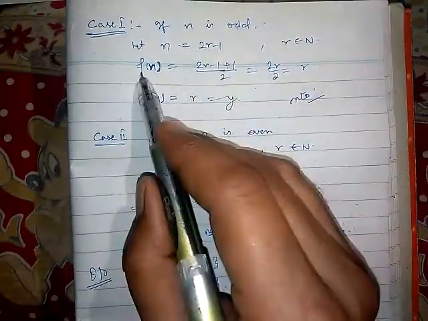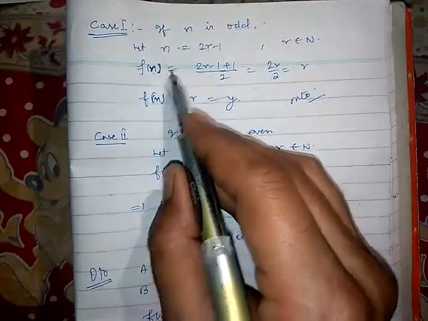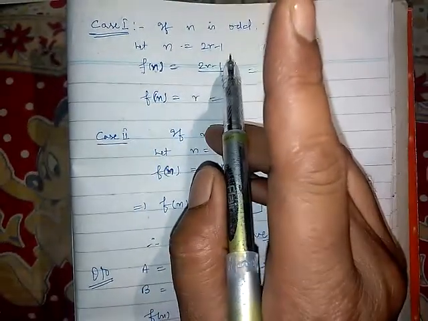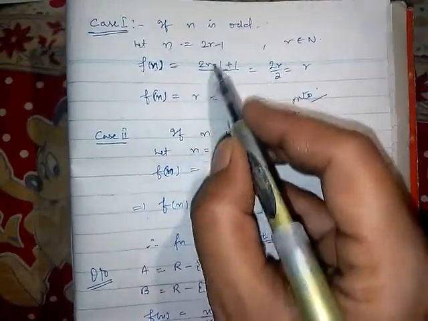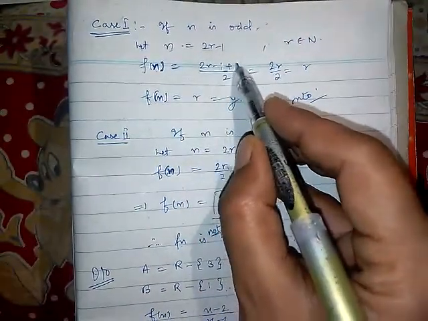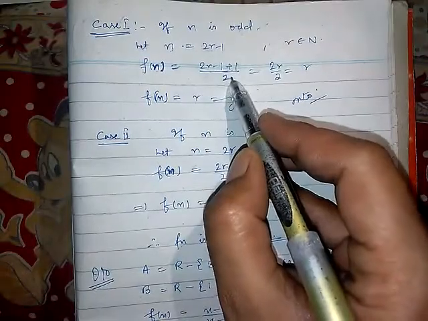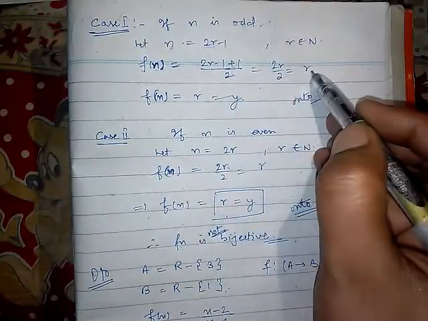Okay, so therefore f of n is equal to what? That is equal to (n plus 1) upon 2. In place of n you have to replace 2r minus 1, plus 1 as it is, upon 2. Okay, so ultimately after calculation you will get here r.